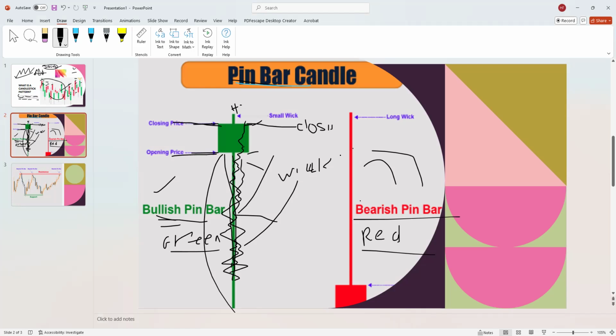Whereas similarly, we have the red, which is the bearish pin bar. After the buyers push the price up and the stock closes high, the seller comes in. We have a fight between the buyer and the seller.